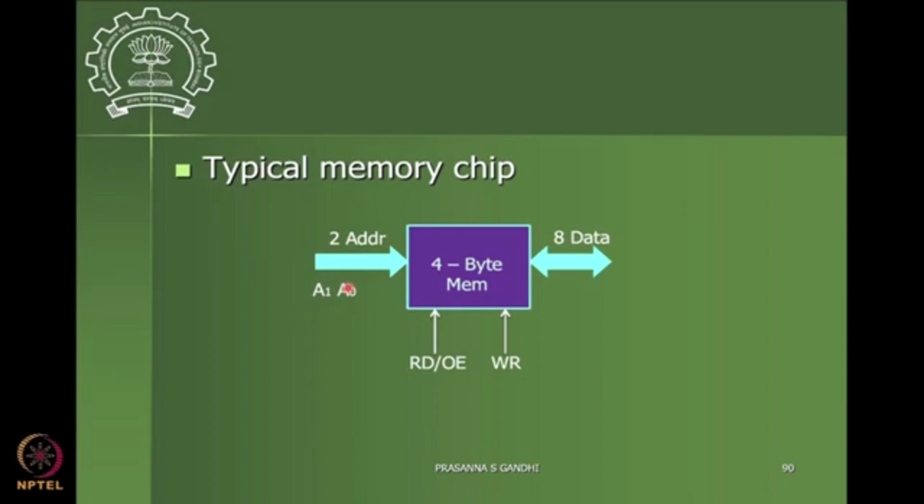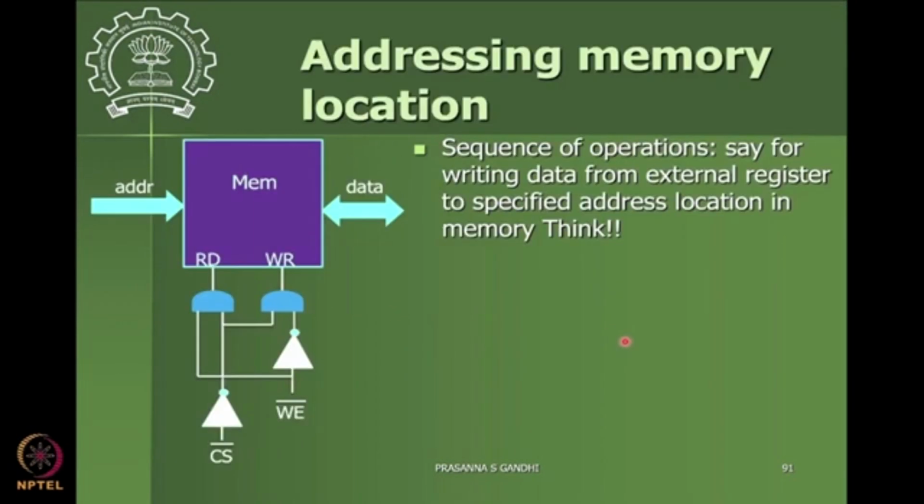So with an 8-line address bus, and whatever number of data bits, we can have any number of data bits, it doesn't matter. Once you fix the number of address bus lines, then the number of registers gets fixed in the memory. So this is the main understanding from the memory perspective.